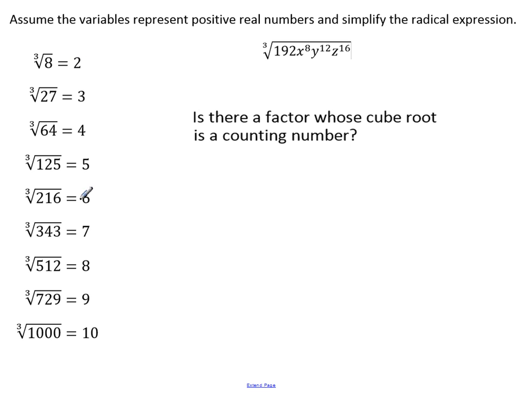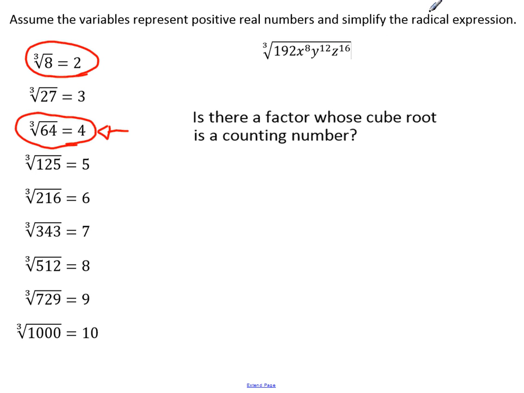For instance, one of them is 64 and the other one is 8. Both 64 and 8 go evenly into 192. But the one that we actually want is the largest one. So we're going to take the largest factor that's on this list of perfect cubes.